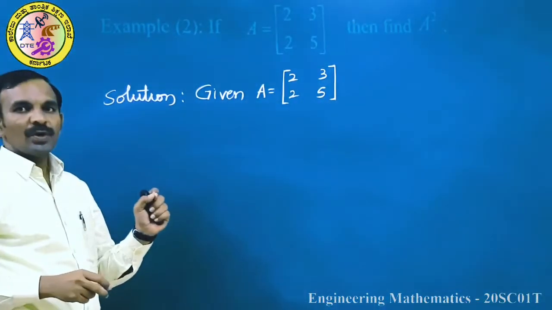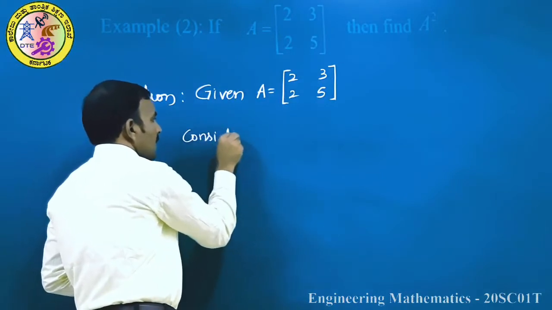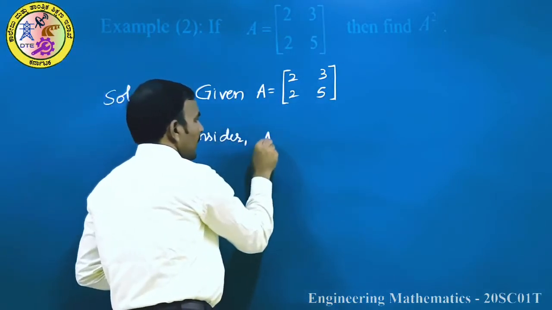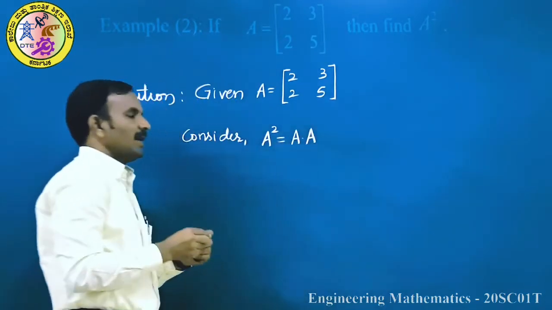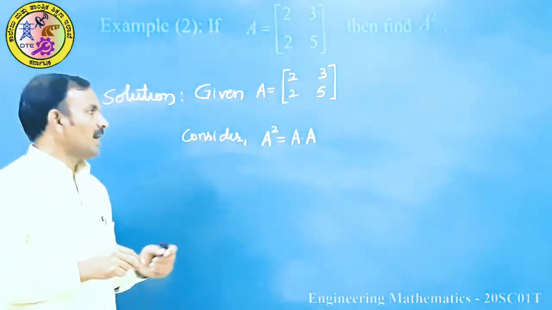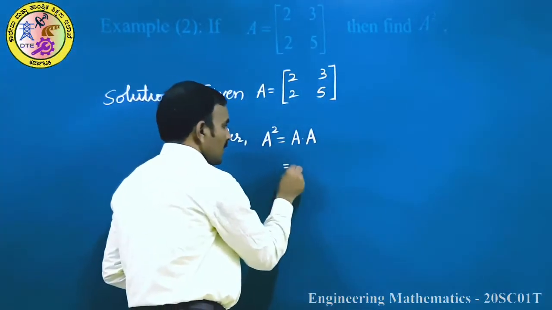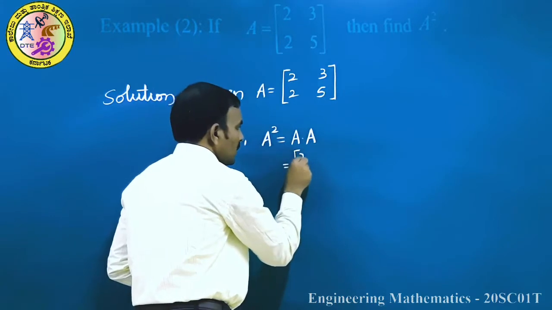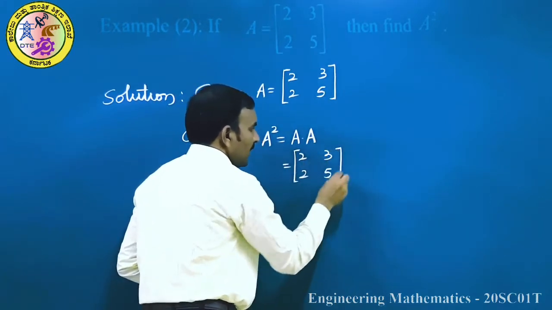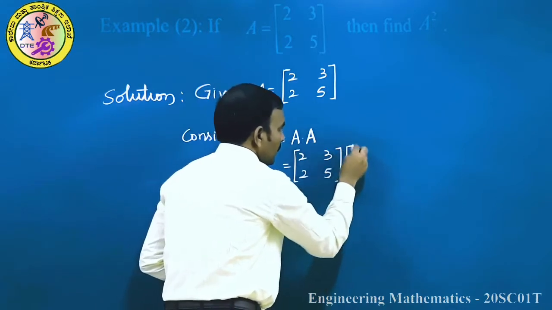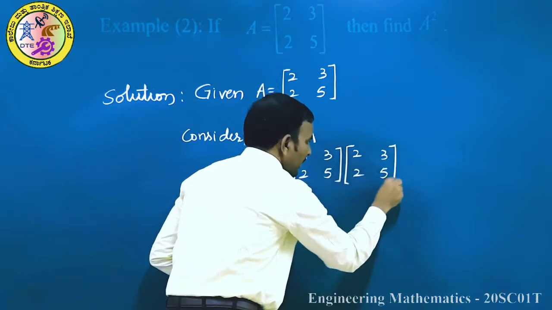Now consider A square, which is written as A into A. Substitute the A values: 2 3 2 5 into 2 3 2 5.